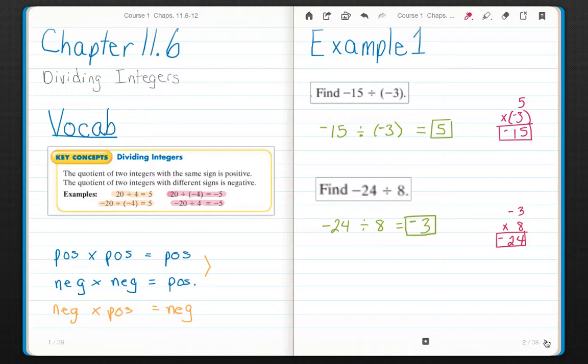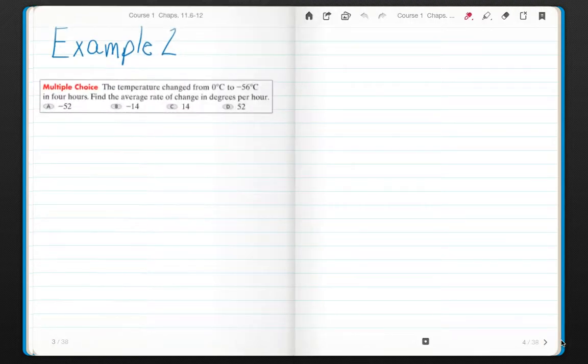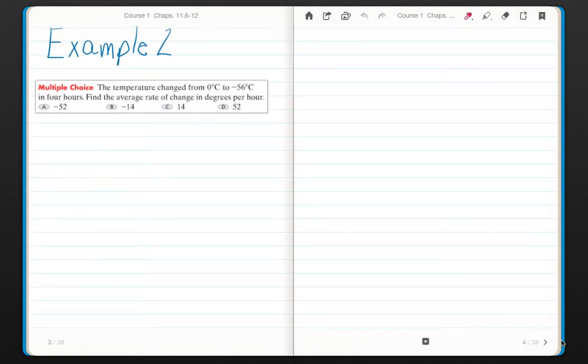Okay, so let's apply this to the weather. The temperature changed from 0 degrees to negative 56 degrees Celsius in 4 hours. Find the average rate of change in degrees per hour. So I know that I changed from 0 to negative 56 degrees.